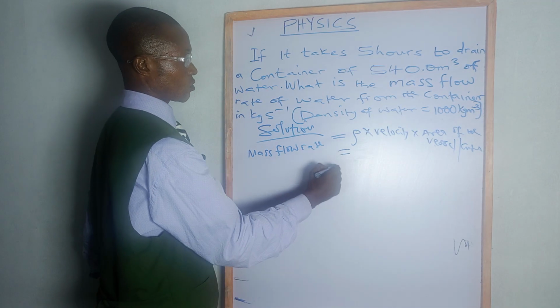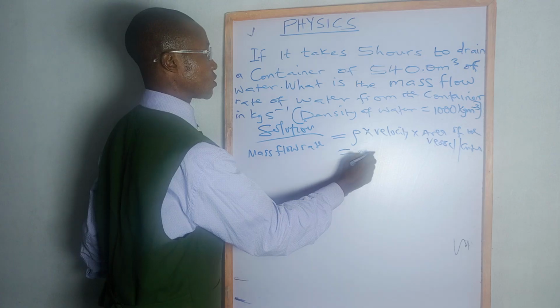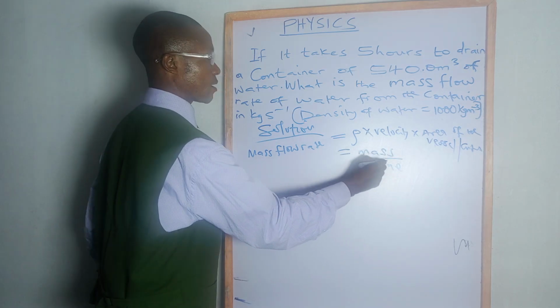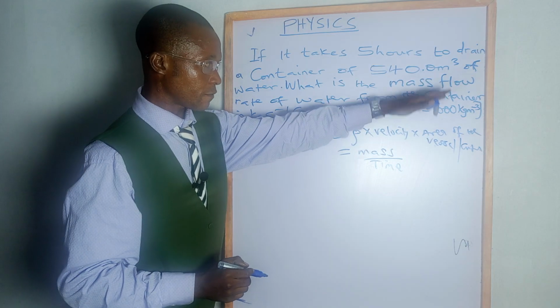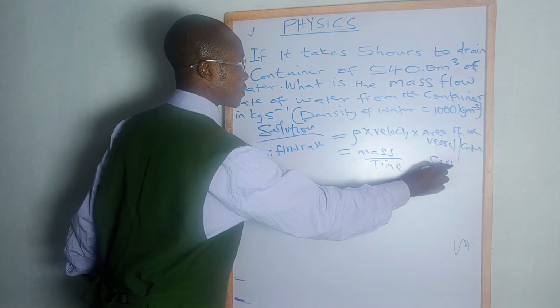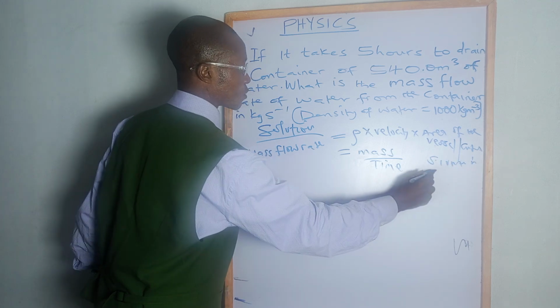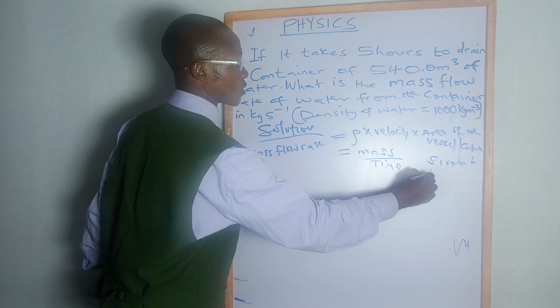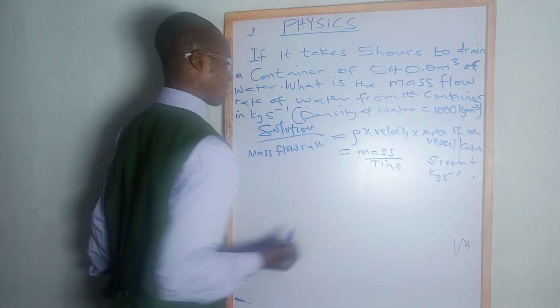That is one relation. There's another formula which is mass divided by time. But just remember, whichever one you use, the SI unit is always, since it is mass per time, kilogram per second.